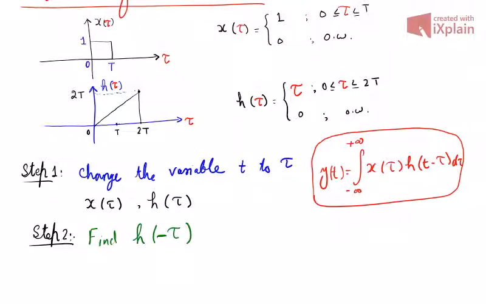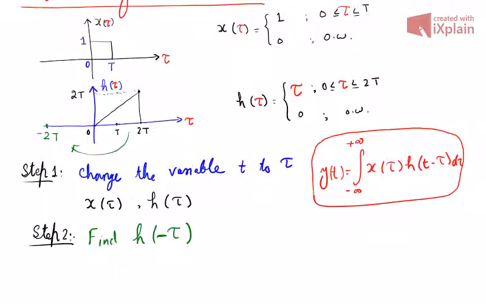When we replace h of tau by h of minus tau, you can see it's the time reversed version, and I will draw it on the same tau axis. So h of minus tau will be from 0 to minus 2T, and you get a mirror image of this signal. It should look like this.